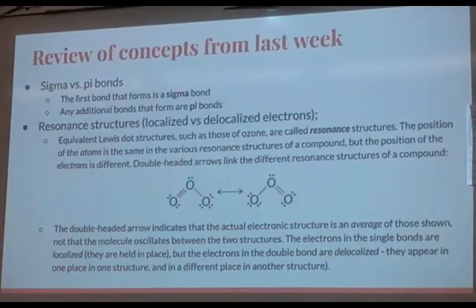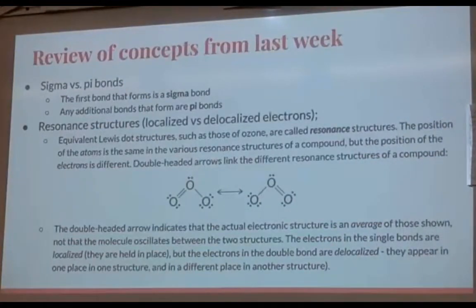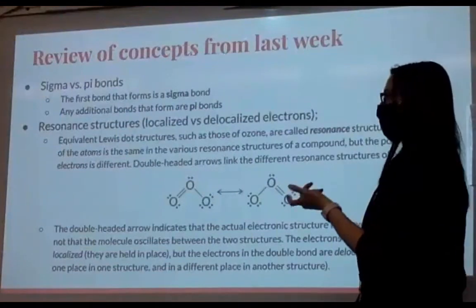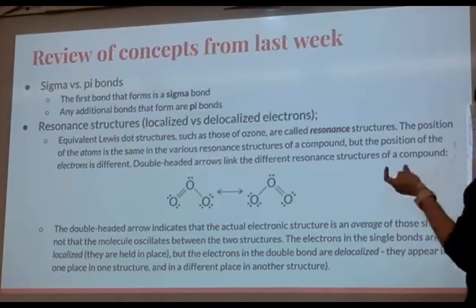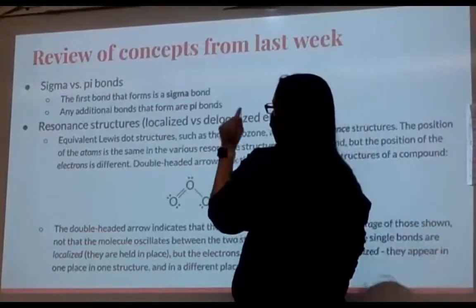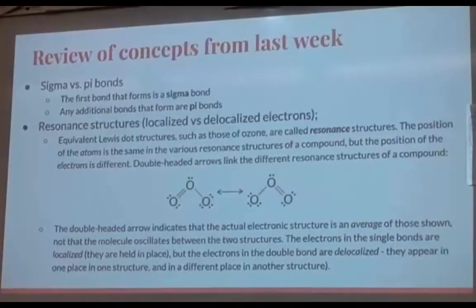Before we jump into hybridization, there were some questions in the Ed Puzzle video that said, I don't necessarily have any questions on hybridization, but I do have some on sigma bonds or on resonance structures. So I just wanted to go back through these again. With sigma versus pi bonds, you don't have to worry about how they overlap.